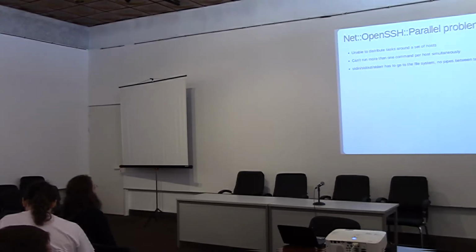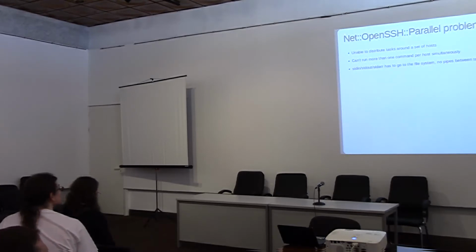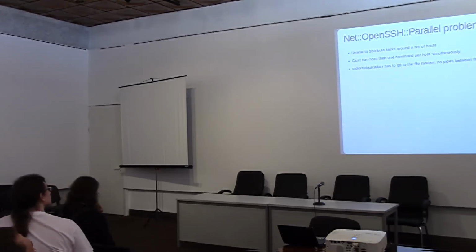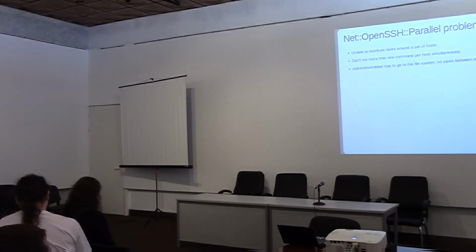And there is no way to pass standard input or standard output data from one command to the other. You have to go through the file system. This limitation is mostly because I have not been able to make up my mind how to design an API that will be enough to support that. I have not been able to make that fit in the API.